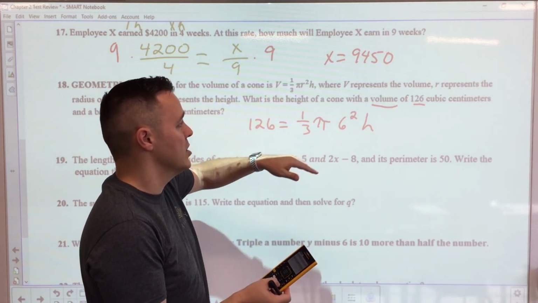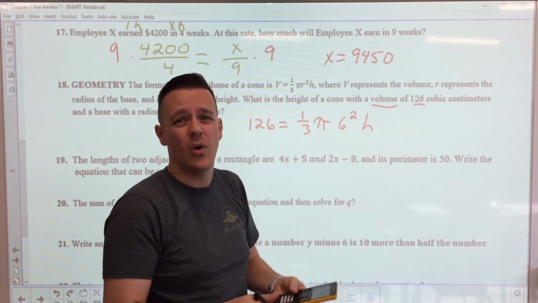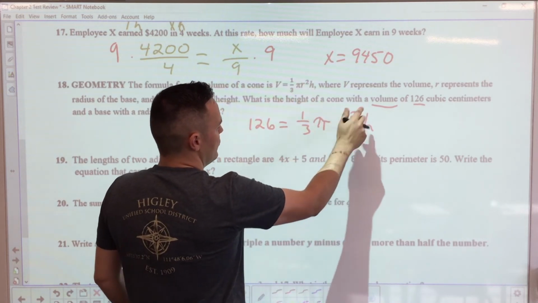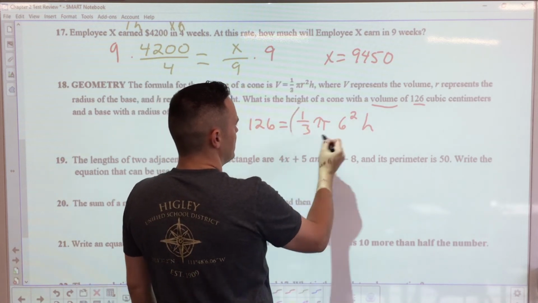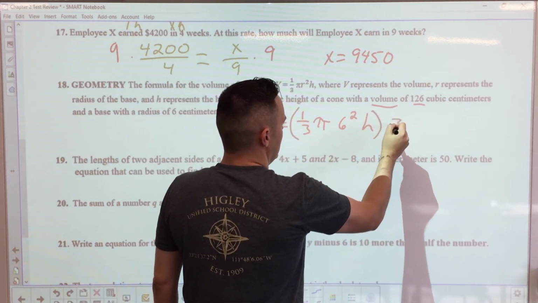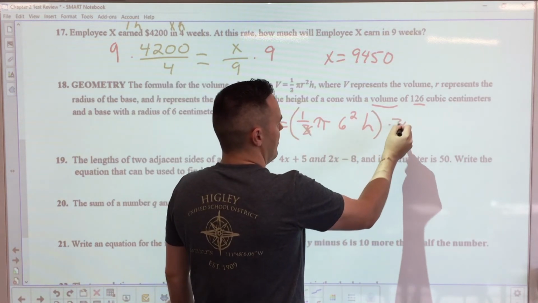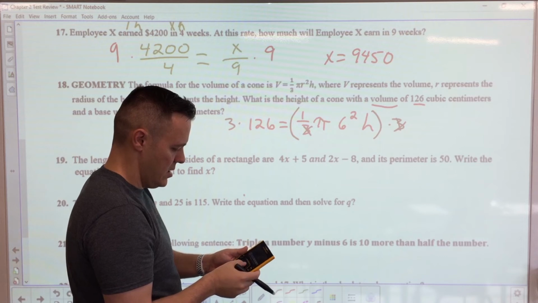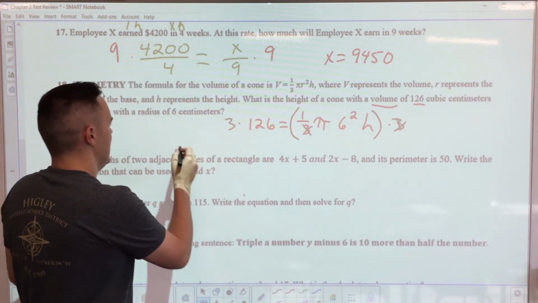Or you could technically multiply both sides by 3 to start off with. So let's do that first, because remember, this is one big piece, and if you multiply this whole side of the equation by 3, and you multiply this by 3, then the fractions cancel out. So what is 126 times 3? It's 378.